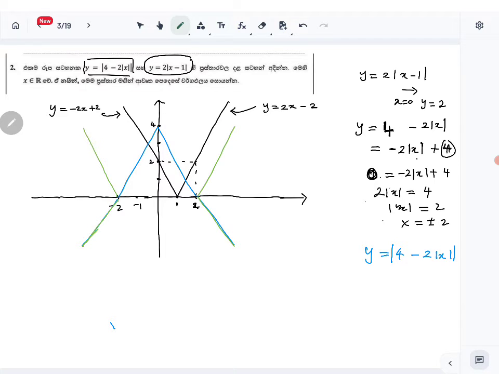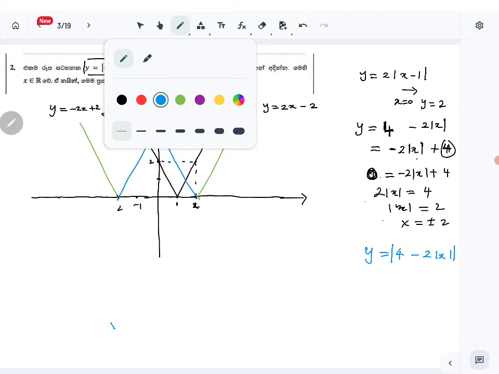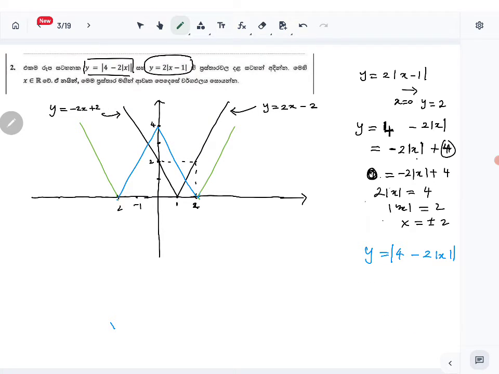Then you get the full graph. Then erase the below parts because your absolute value graph can't have negative parts. So all the below parts you have to reflect along the x-axis. Then you have the full graph. So this W-shaped graph is the first graph.